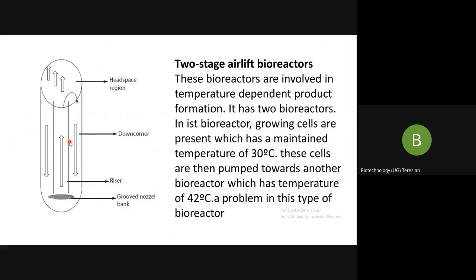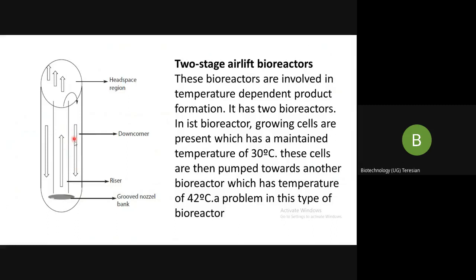Airlift fermenters are considered to be highly energy efficient and are often used in the large scale manufacture of pharmaceutical proteins. All the performance characteristics of the airlift fermenter are related ultimately to the gas injection rate. From here the gas passes. It is dependent on this gas injection rate and the resulting rate of the liquid circulation.